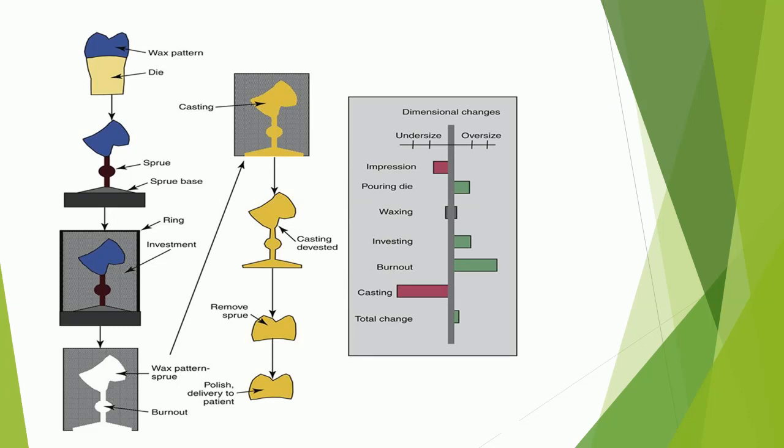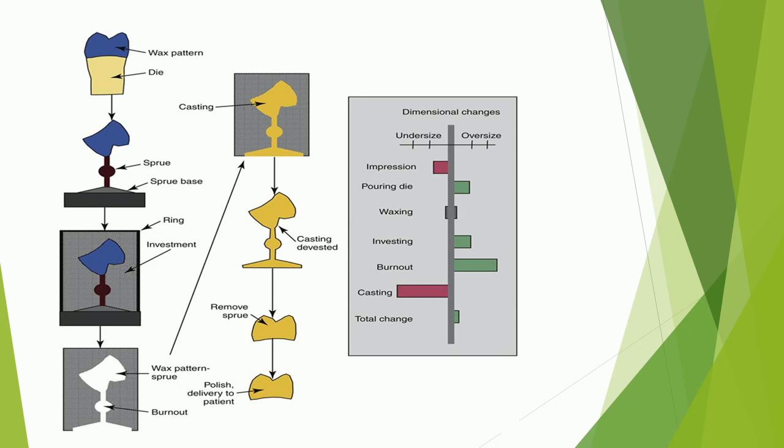It is attached by means of a channel or sprue, and at high temperature we force the molten metal alloy into this investment ring after the wax is burned out. You can see that there is a cavity formed by the burnout of the wax. So the metal alloy flows into this space, and finally it gives us the desired prosthesis, or the casting. And that casting is divested.